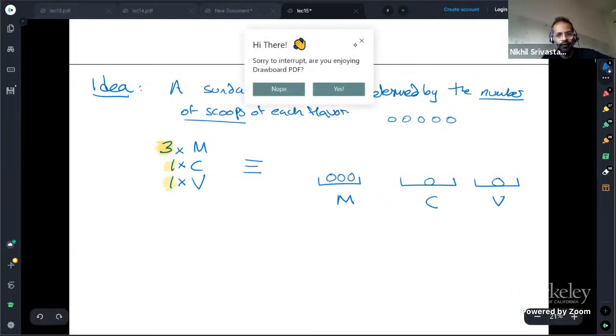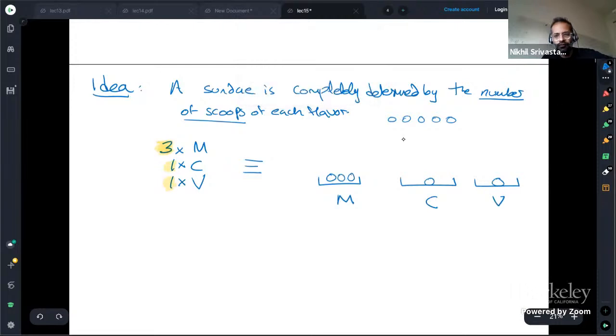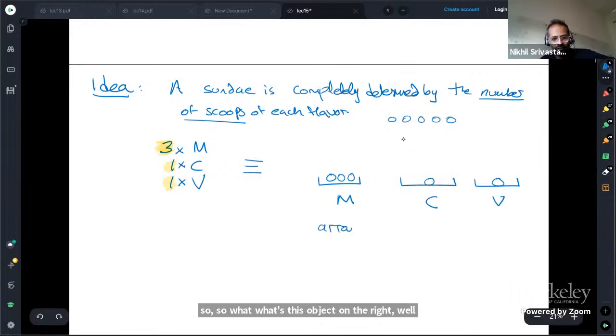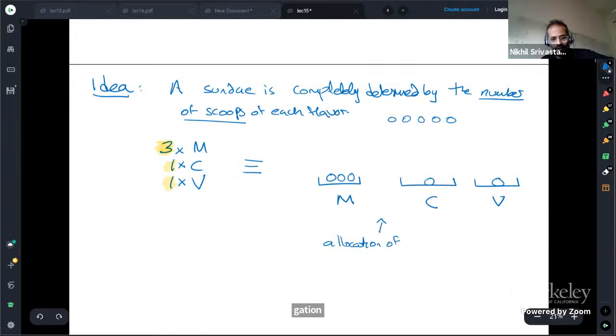Okay. So what's this object on the right? Well, this is an arrangement or an allocation of 5 tokens, which are indistinguishable.